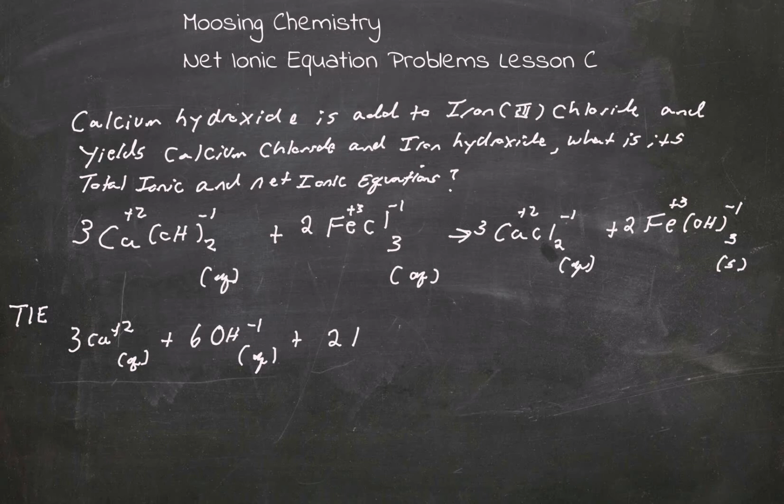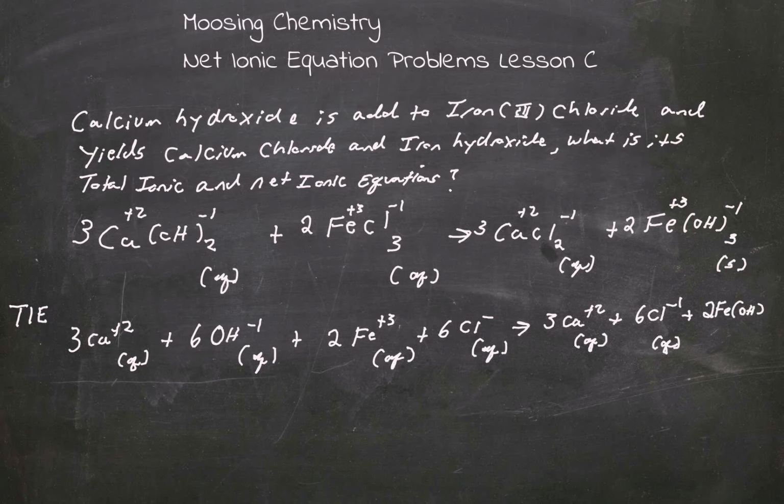Plus 2Fe plus 3 AQ plus 6Cl minus AQ yields 3Ca plus 2 AQ plus 6Cl minus 1 AQ plus 2Fe(OH)3. And this is solid, so we don't break it apart.